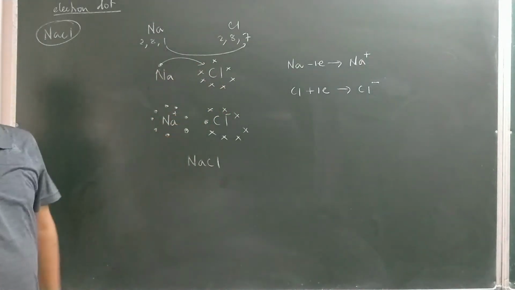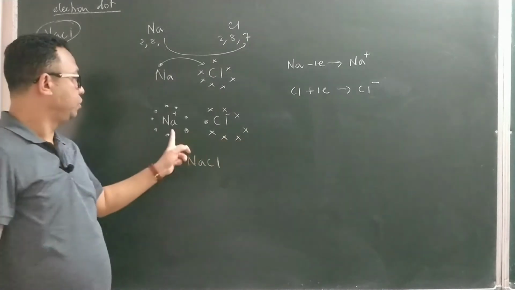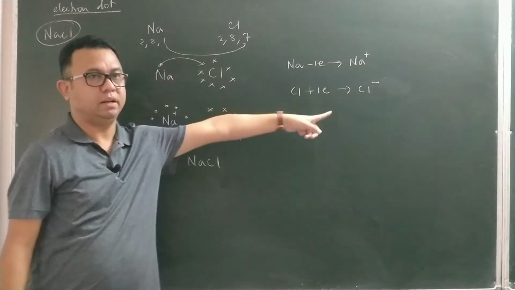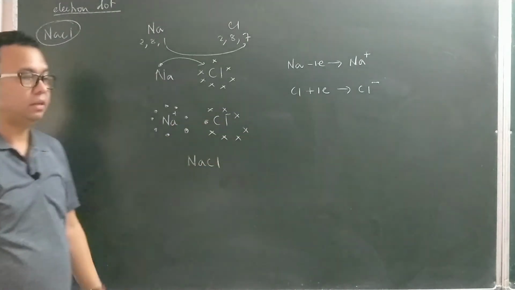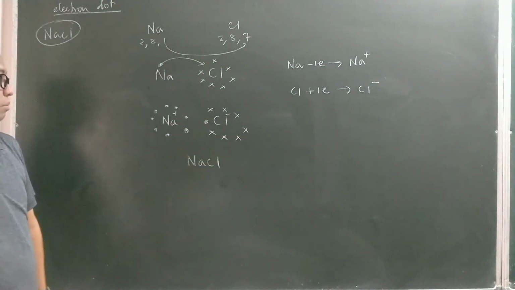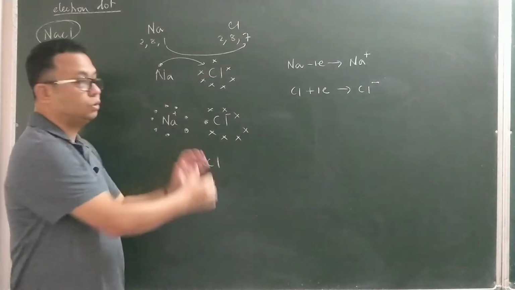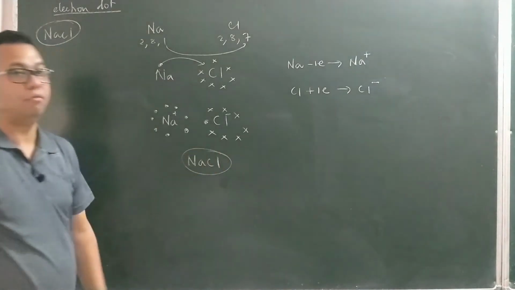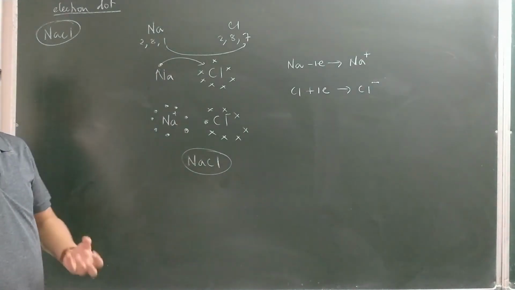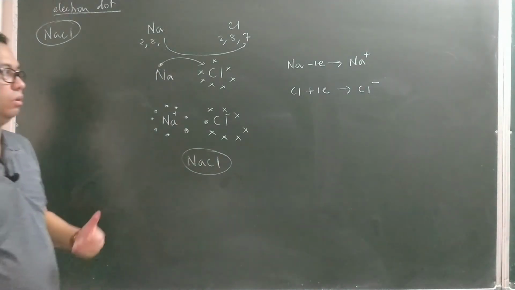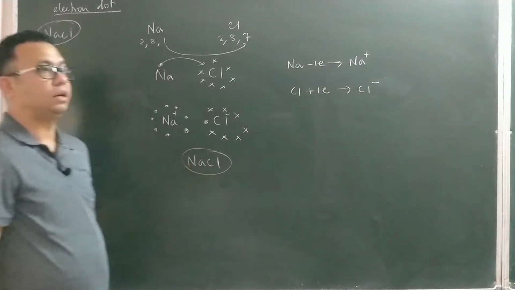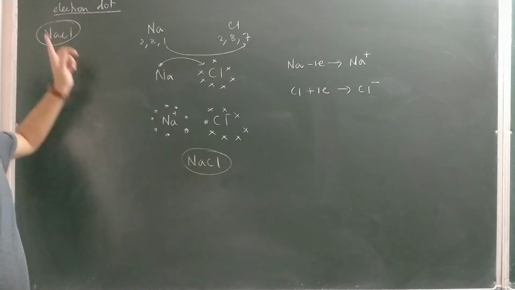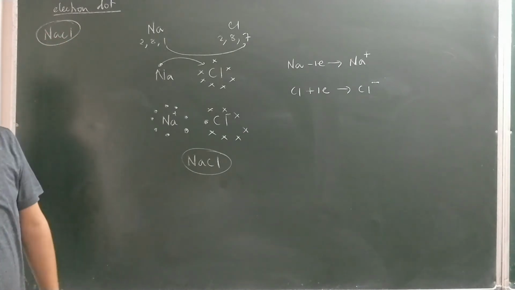And during the formation of that molecule, there was formation of charged ions, positive ion and negative ion. The electrostatic force of attraction between them is what will bring them closer to one another, and that is why we say electrovalent bonds are very strong. In fact, they are the strongest bond as compared to all other chemical bonding. This is the electron dot representation of sodium chloride.